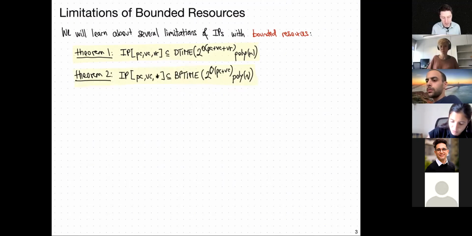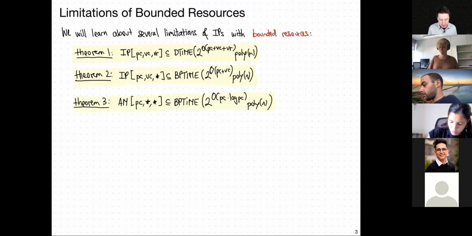So if you have an interactive proof with very small communication, regardless of how much randomness the verifier uses, there is some kind of probabilistic algorithm that will decide the language in time that is exponential in the transcript alone, excluding the randomness. Okay, and this will require one new idea to prove it.